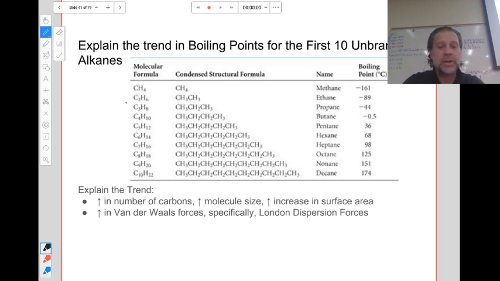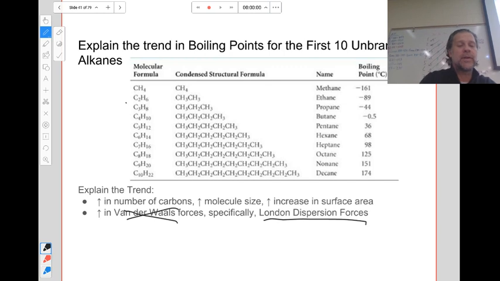As we increase the number of carbons, the molecule size gets larger. And because the molecule size gets larger, there's an increase in surface area. And because the surface area is bigger, the van der Waals forces, specifically London dispersion forces, are increasing as well.